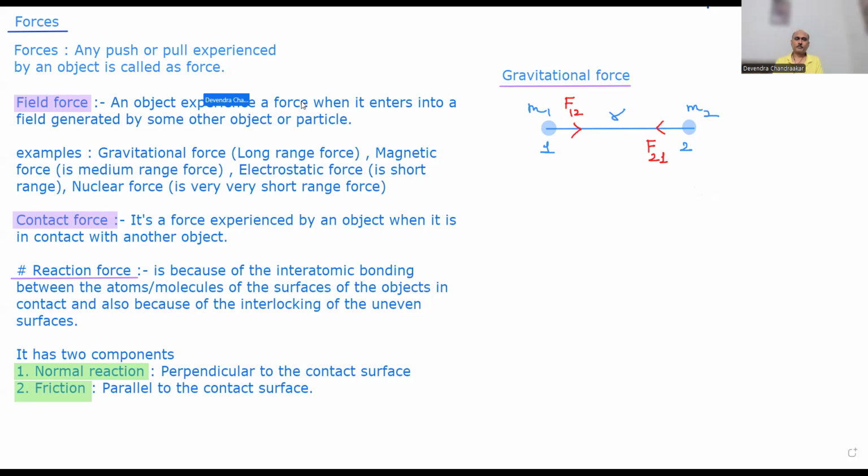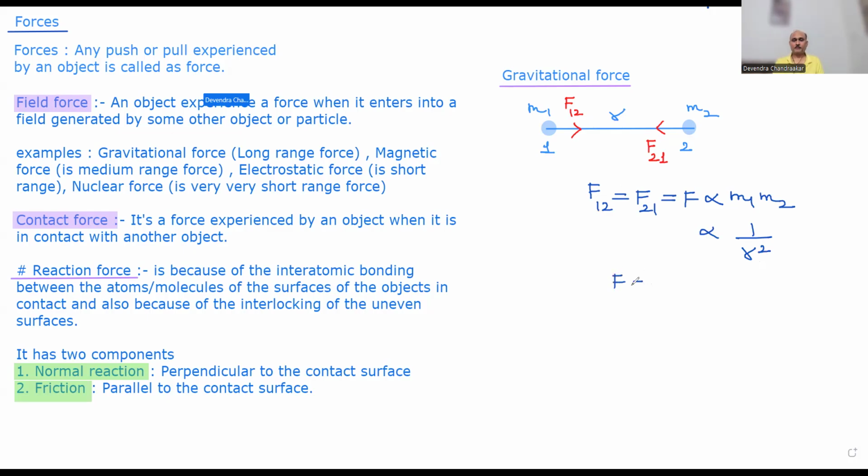So, the magnitude of these forces are equal. And this, let's write it as F. It is proportional to the product of the masses and inversely proportional to the square of the distance between them.